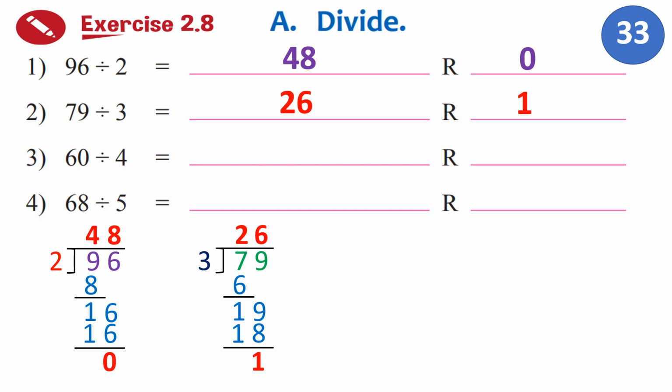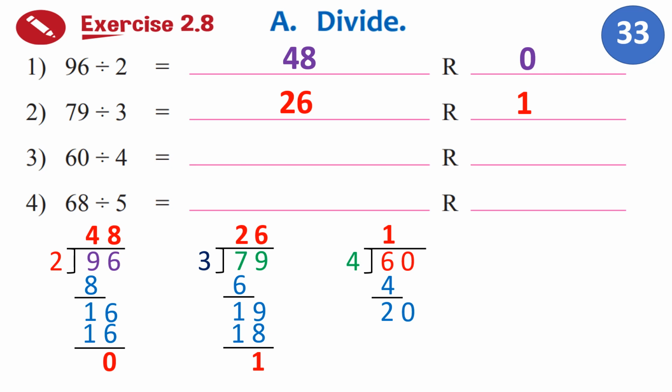Next is number 3. Number 3 is 60 divided by 4. 6 divided by 4 is 1. 1 times 4 is 4. 6 minus 4 is 2. Then bring down the next number, which is 0.